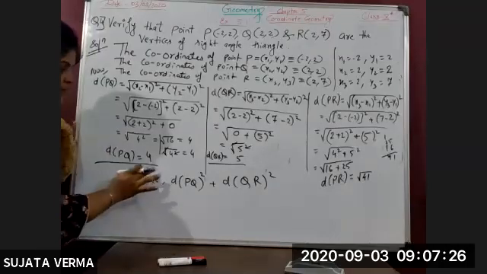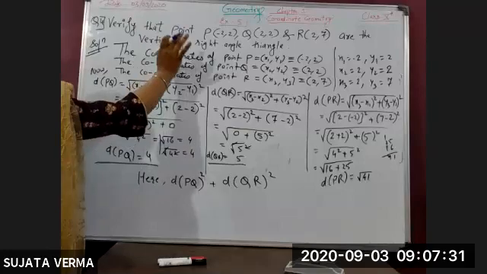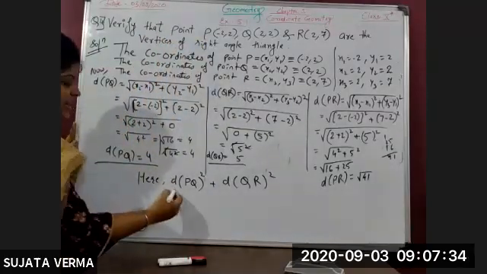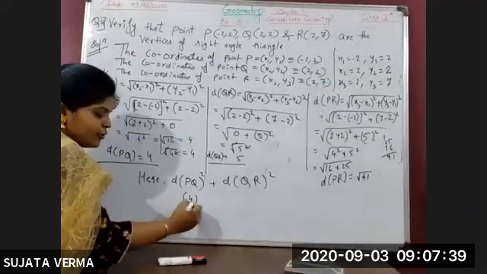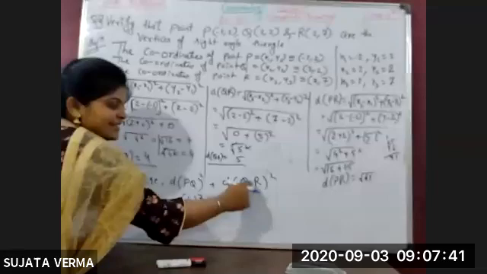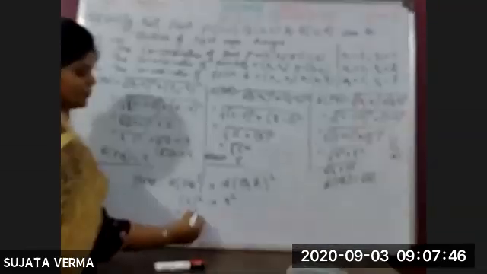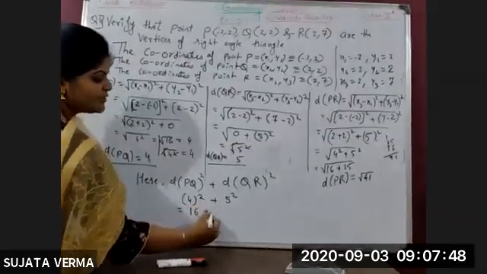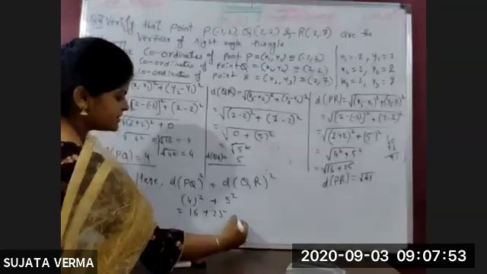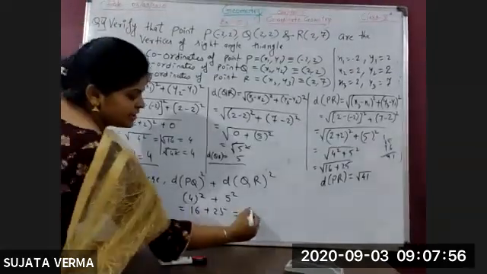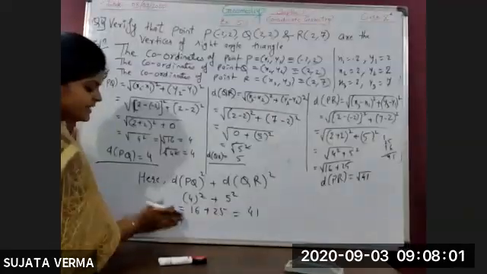We just check if it is equal to the third side. The distance of PQ is equal to 4, 4 square plus the distance of QR, that is 5 square. Now 4 square is equal to 16, 5 square is equal to 25. Clear? Now we get 41.